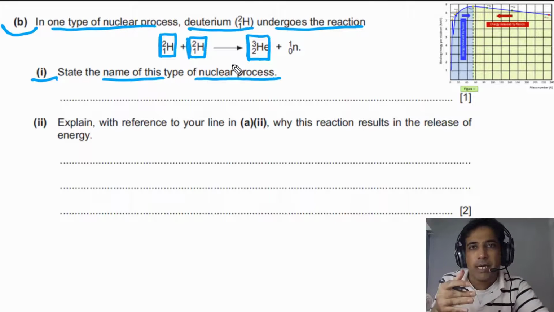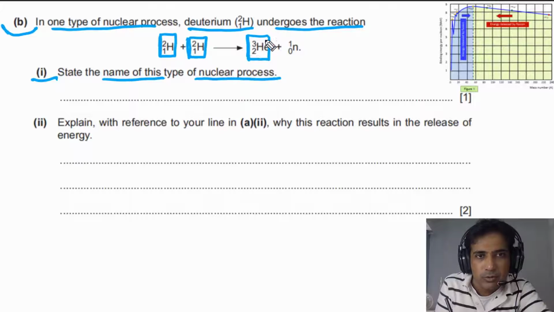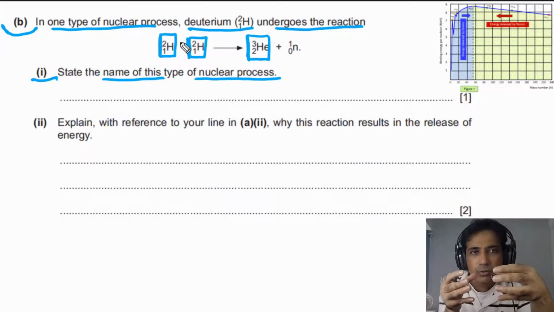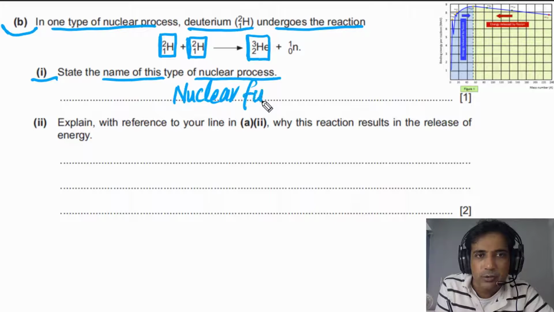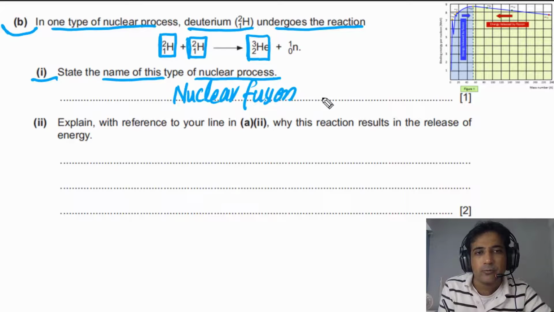Helium nucleus has higher mass number. It means this nucleus is heavier than deuterium. So in this case, these 2 lighter nuclei fuse together to form a heavier nucleus. So this process is nuclear fusion. If you simply write down fusion, you will get 1 mark. And this is a B mark, meaning it has to be in your answer.